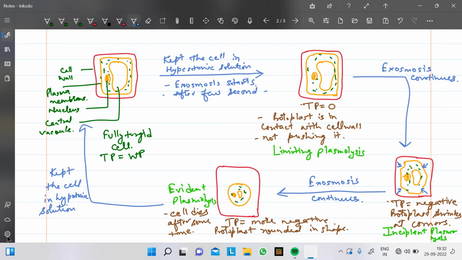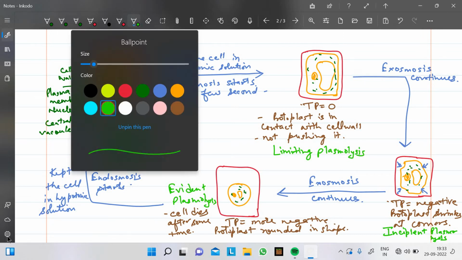Okay, what will happen? Endosmosis starts, and the cell changes to a fully turgid structure like this. This step is called deplasmolysis.